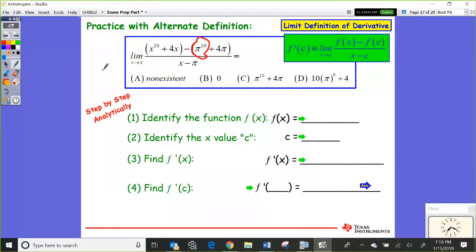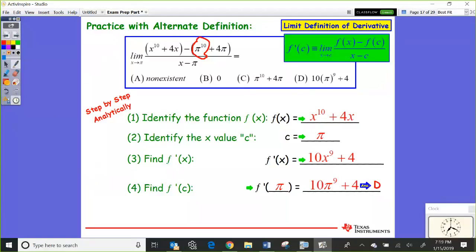If they do that, 10 pi to the 9th, their answer is going to be 0. And guess what? It's one of the multiple choices. So you want to make sure that they recognize this as: identify your function, the value at pi, take the derivative, plug it in. That makes your answer D.